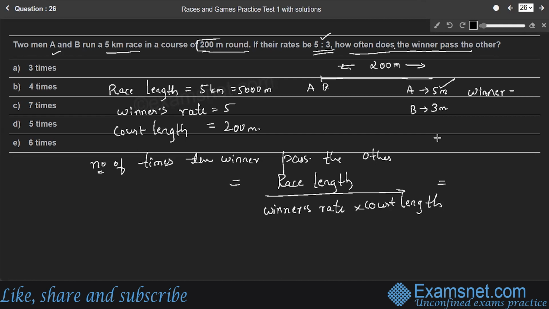Directly substitute the values. Race length is 5000 meter divided by winner's rate 5 into course length 200. So we have 5000 divided by 1000. Therefore, 5 times the winner passes the other, right? 5 times. Therefore, option D is the right answer.